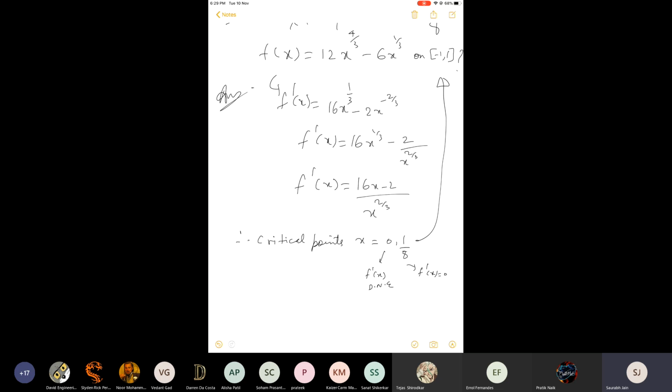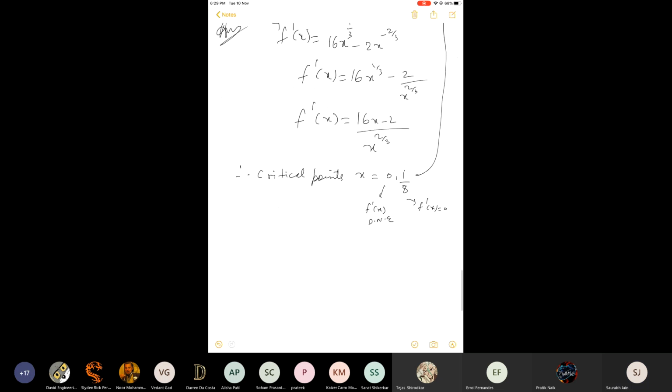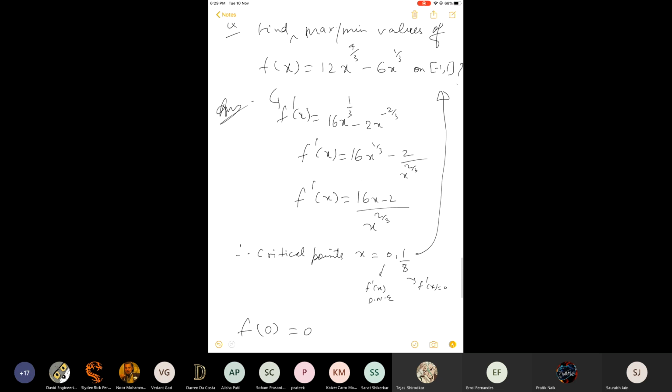So we need to find the values of the function at these values of x. And what is the function? It is given here. So f(0) will be 0. Put x equal to 0 in the function. Then we need to find three more values, at minus 1, 1 and 1 by 8.